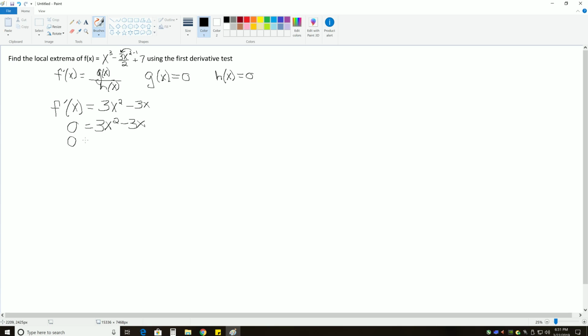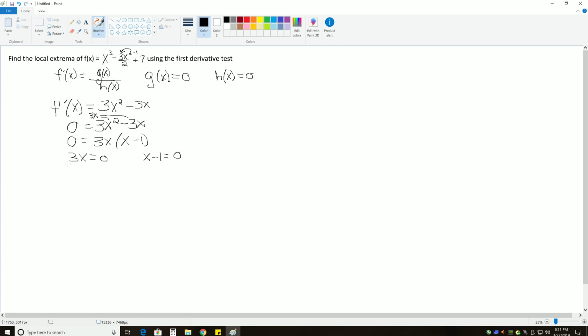So we get 0 equals 3x times, notice we can factor out a 3x from each of these, 3x times x minus 1. And now we can set our 3x equal to 0, as well as our x minus 1 equal to 0.